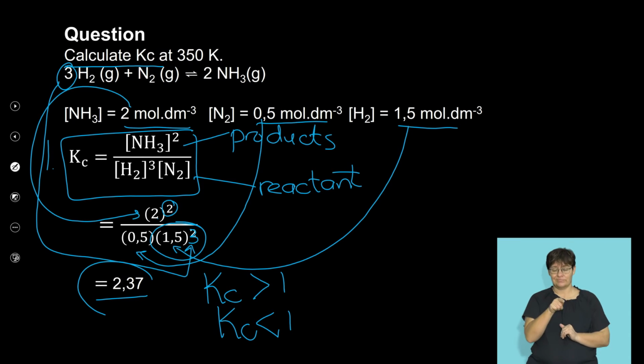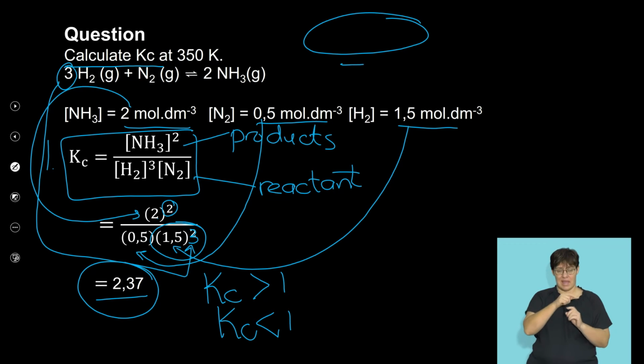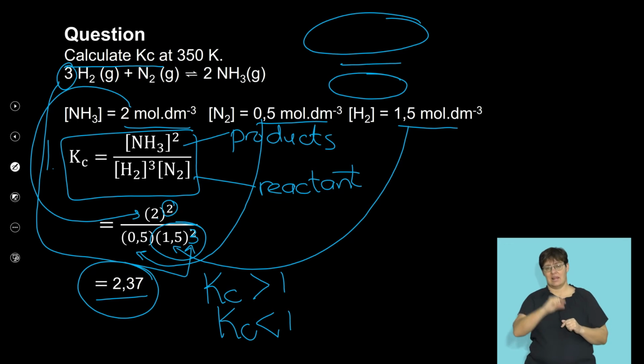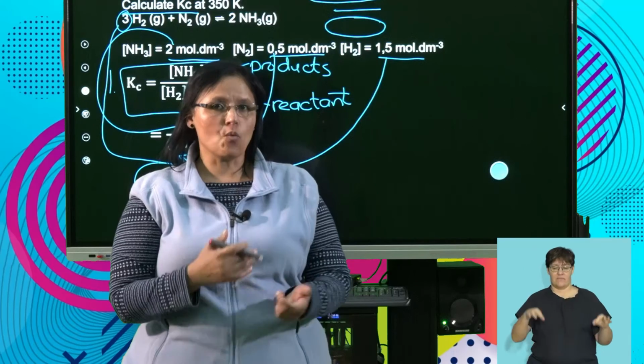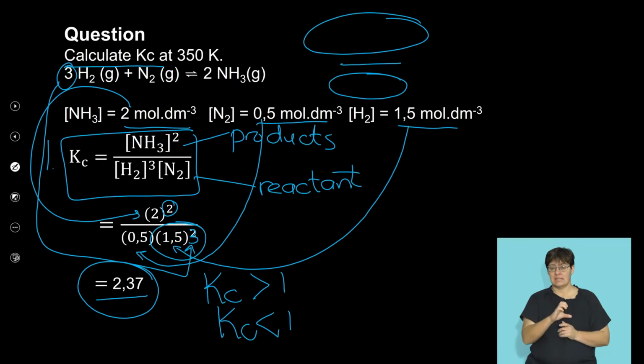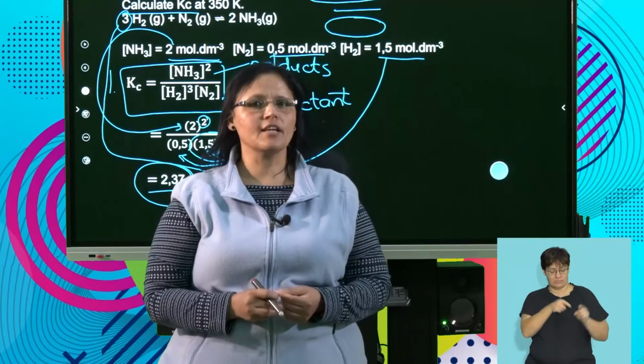Now in this case, where Kc is bigger than 1, I said to you, it means that your products, which is your numerator, is bigger than your reactants, which is your denominator, and that leads to a bigger than 1 value. So what's the significance of Kc being 2.37? You will then say this means that the product is more than the reactants.